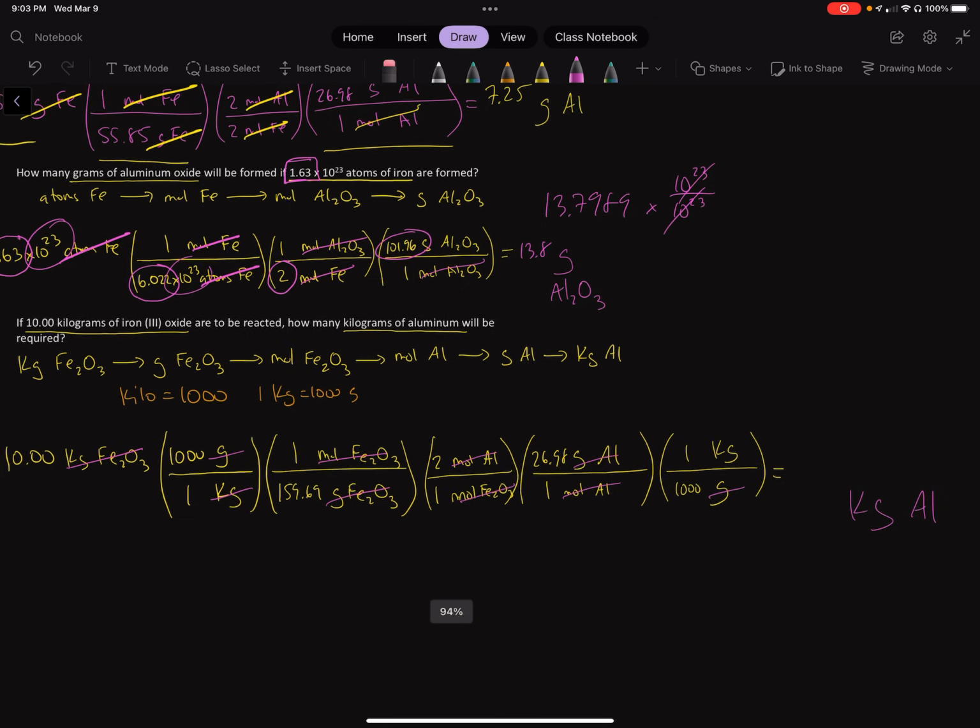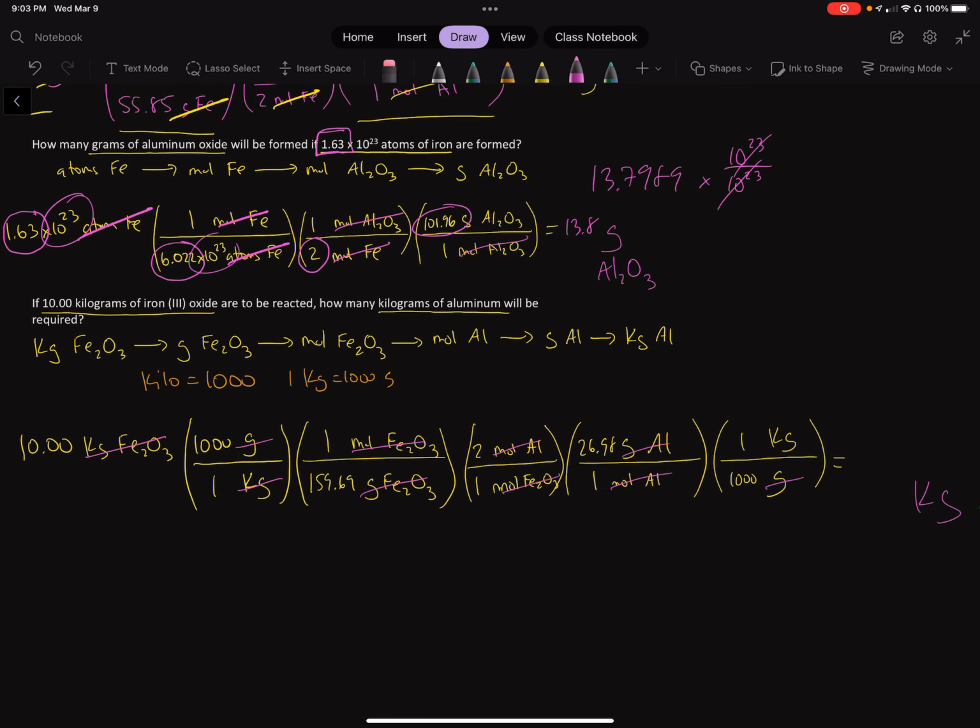kilograms of aluminum. Now, in terms of what you put in your calculator, you're going to have 10 times 1,000 divided by that times 2 times that divided by 1,000. So this multiplied by 1,000 and divide by 1,000 are going to end up undoing each other on the calculator. So in terms of what you type into your calculator, you could skip these 2 steps.